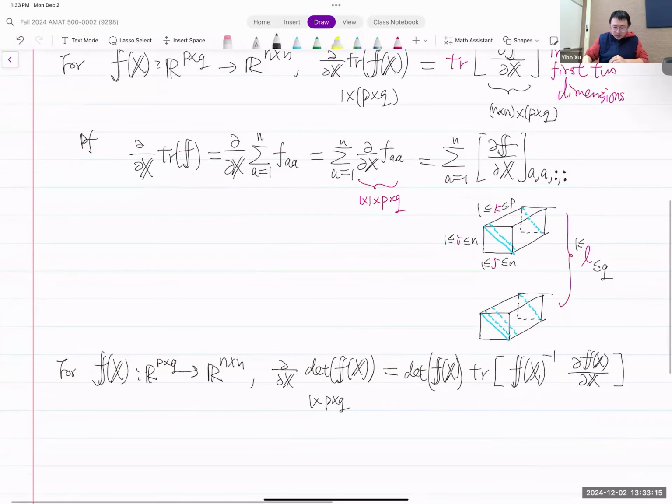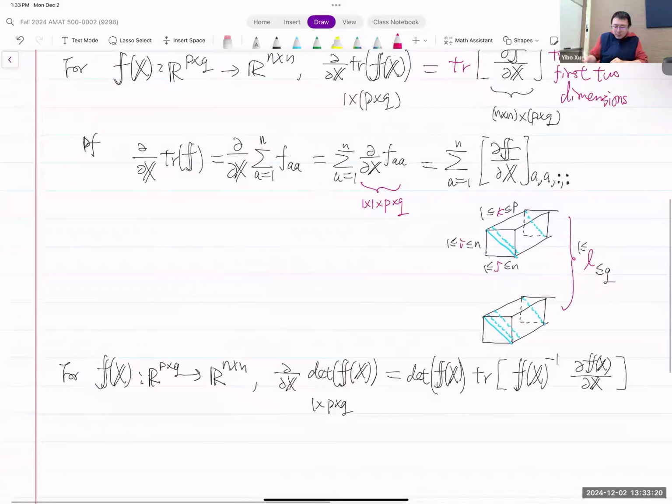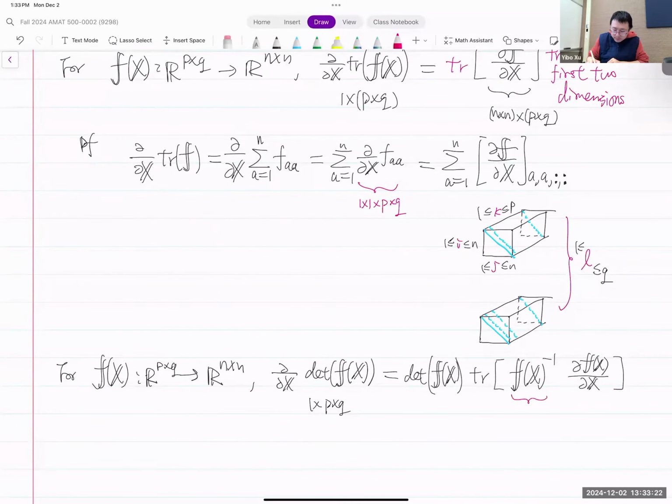This is in a sense more complicated than before, because this is an n by n object. f is a square matrix, f inverse is the inverse matrix of the n by n matrix, so it's still n by n. And del f del x is n by n by p by q as before.